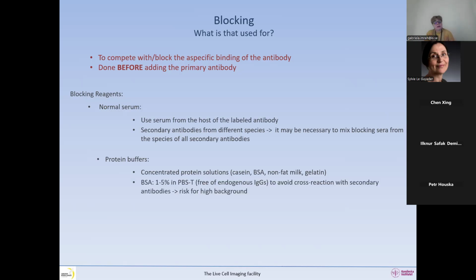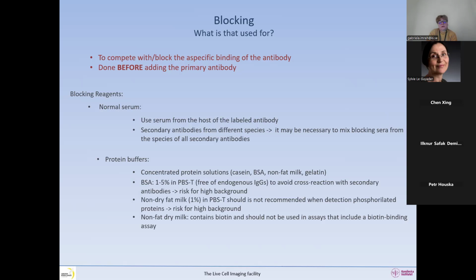Here you also have to pay attention, for example, that the BSA is free of IgGs, so you avoid cross reaction with the secondary antibodies, which would increase your background. If you use non-fat dry milk, you also have to read the recommendations, because it's not really used when you want to detect phosphorylated proteins, and it should not be used in assays which include biotin binding.